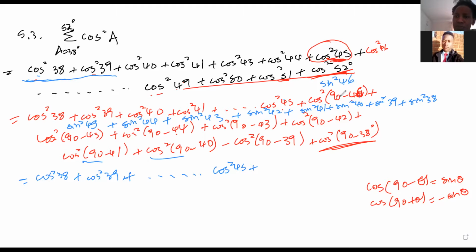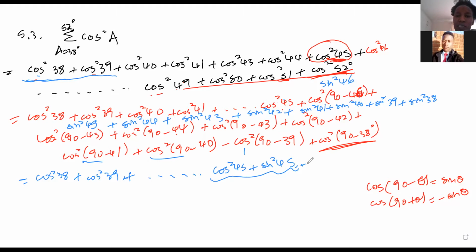After 45, this was 46. Oh, the blue ones. Okay, so I've got cos 45 and sine squared 45, and these two you can already see are going to give you 1, because sine squared plus cos squared gives you 1.